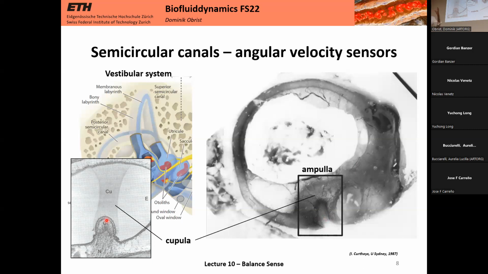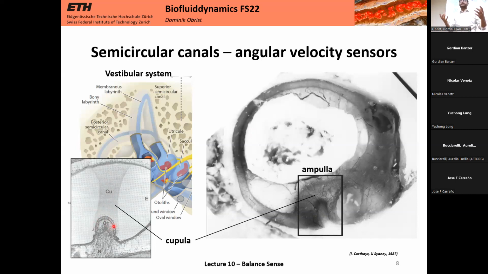The cupula is a gelatinous membrane, a very, very soft membrane, that can deform. So if there's some fluid flow inside these canals, this membrane will deform. If fluid is pushing from the left, it will move to the right, and so on. The deformation of this cupula is sensed by hair cells, which are sitting down here in the crista. So here are the hair cells, and they sense the deflection of the cupula.